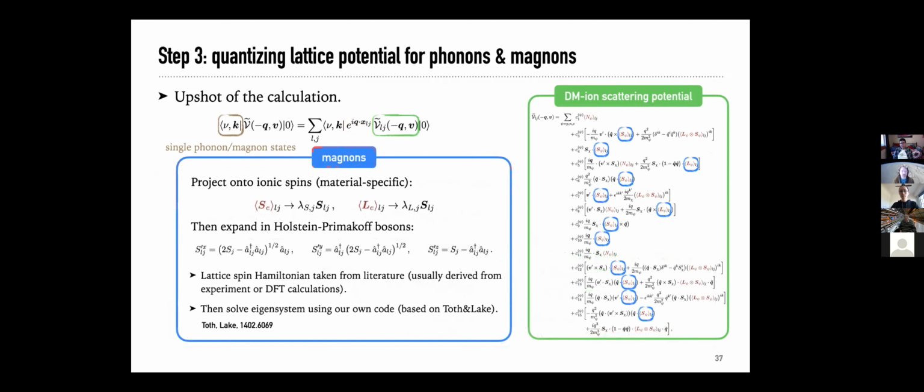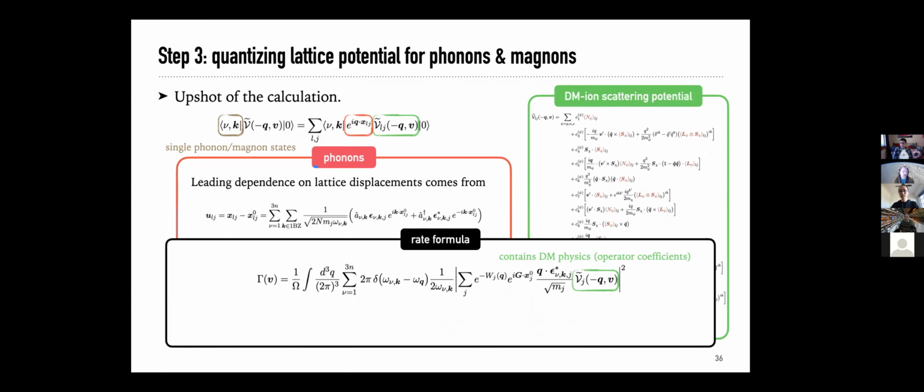Sorry, what's a phonon branch? Oh, good. So I should have put a phonon dispersion here. So basically, if you find the eigensystem, the eigenmodes, each of them would be labeled by a branch nu and a momentum k.